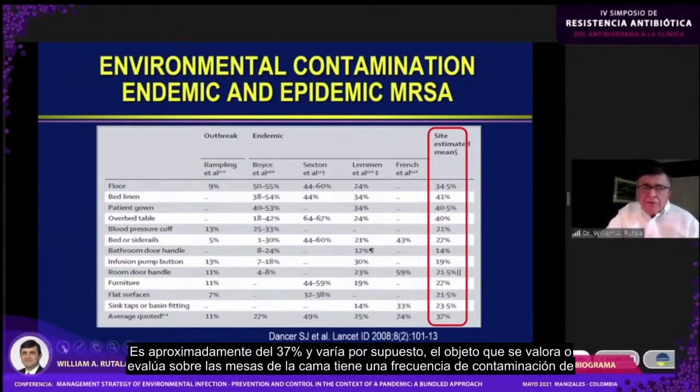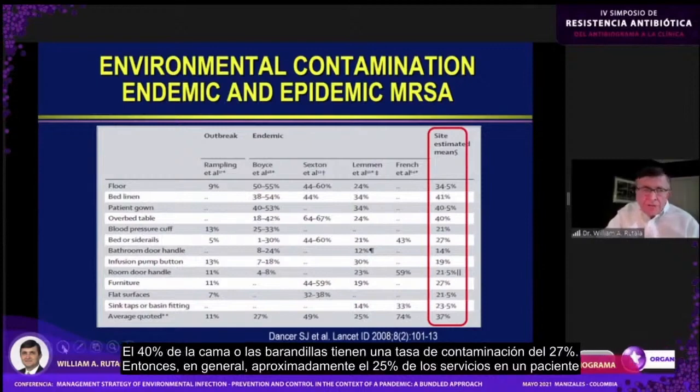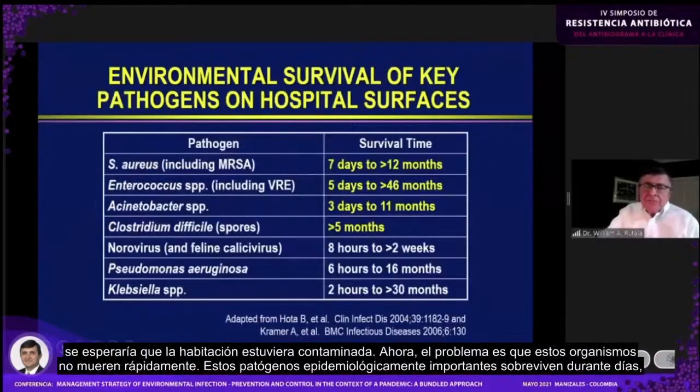And it varies by, of course, the object that is assessed or evaluated. Overbed tables have a frequency of contamination of 40%, or bedside rails have a contamination rate of 27%. So overall, approximately 25% of surfaces in a patient room would be expected to be contaminated.